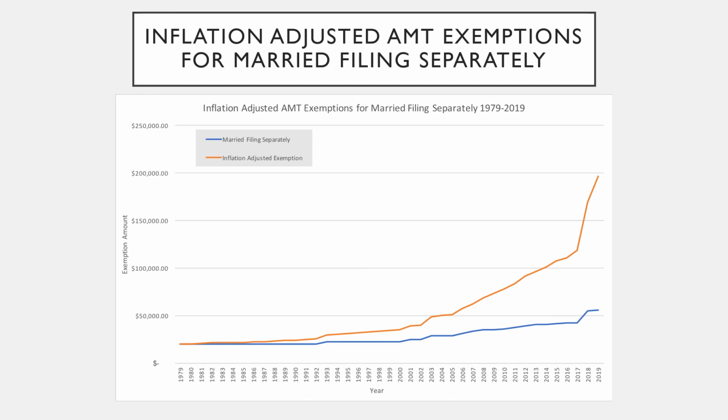In reference to the inflation-adjusted exemption, as the gap between the orange and blue line gets wider, the taxpayers subject to the alternative minimum tax increases, with the blue line being your base because that's the actual exemption amounts that we see today. So if the alternative minimum tax exemption amounts were originally adjusted for inflation in 1979, the number of taxpayers subject to the alternative minimum tax would be significantly lower.